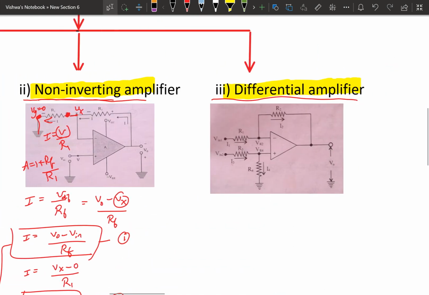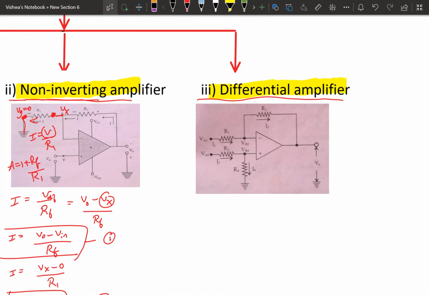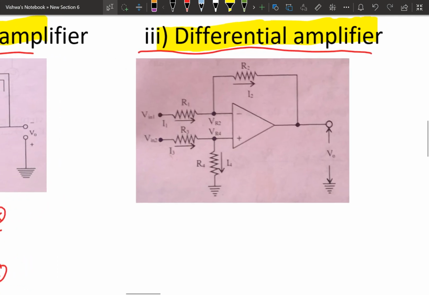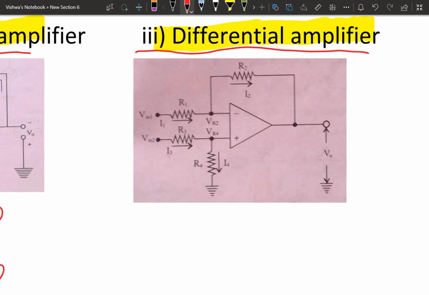The next configuration is the differential amplifier under closed loop. Differential amplifier means we provide the input to both terminals, inverting as well as non-inverting. V in 1 is the inverting terminal voltage, and V in 2 is the non-inverting terminal voltage, and this is closed loop. For that we provide the feedback from the output to the inverting terminal through this resistor R2.